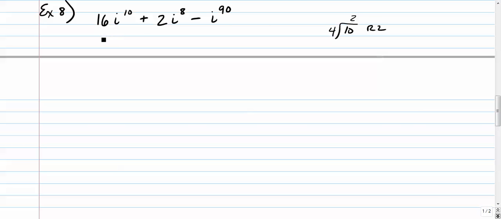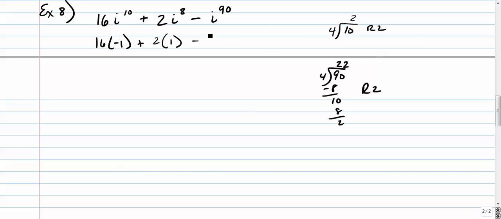If we have R2, that's i to the second power, rather, is negative 1. So here we have R0, which is just positive 1. And let's see, 90. I'm trying to figure out the remainder. That's 10, 2. That's 8. So that's R2 as well. So it's minus, there's the minus sign, and anything that's i to the second power is negative 1.